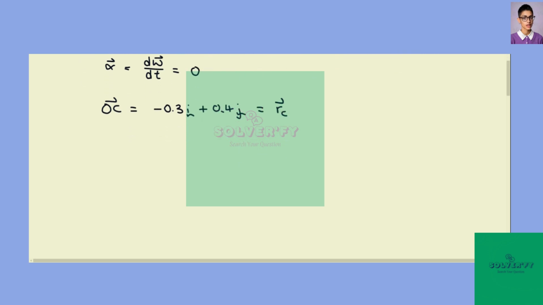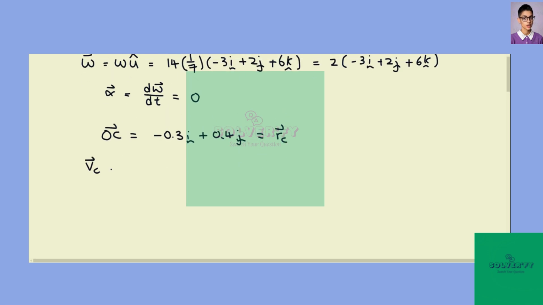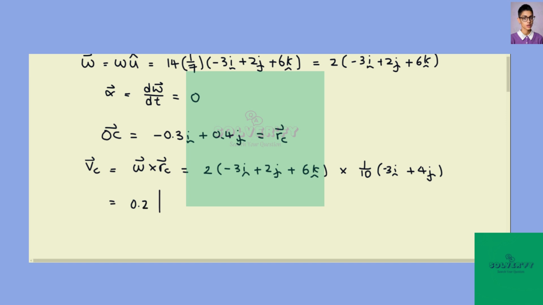So VC is just omega cross RC. This is 2 times minus 3i plus 2j plus 6k cross with 1 over 10 times 3 minus 3i plus 4j, and then you have 0.2 times. To do the cross product we will arrange in a determinant form.